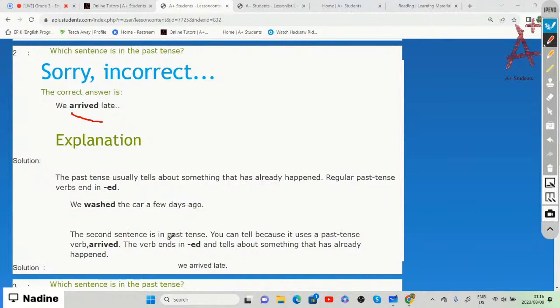Arrived. So we arrived late. So arrived is our past tense verb, and that verb ends in ed, right? And it basically tells us something that has happened already. She arrived or we arrived late, right?